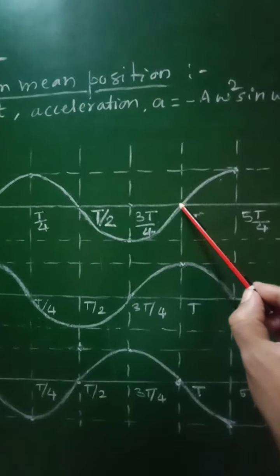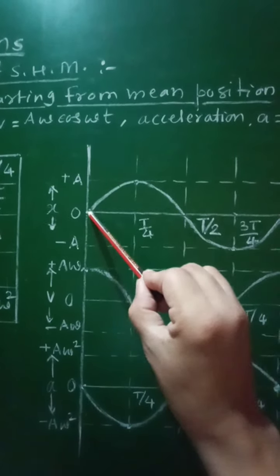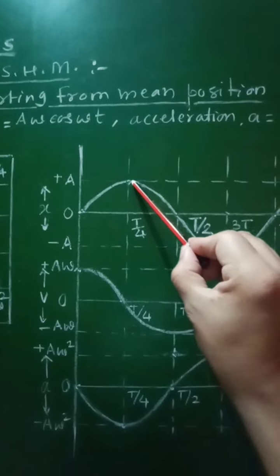For t is equal to capital T, that is period, x equal to 0. And for 5T by 4, again x equal to plus a. And therefore by using these values 0, a, 0, minus a, 0 and a, if the points are plotted at 0, plus a, 0, minus a, 0 and again plus a, and if they are joined by the curves, then we will get sine curve.